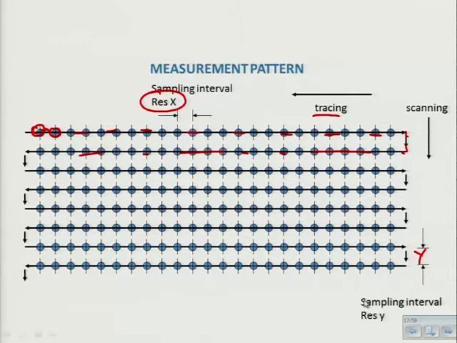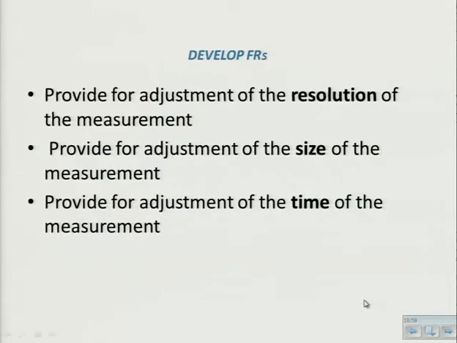So we're tracing in x, scanning in y, so you have an idea what this looks like. So the resolution is controlled by what we call the sampling interval, because each one of these little blue things represents a height sample that we've made with, as you saw in the previous slide, the laser height sensor.